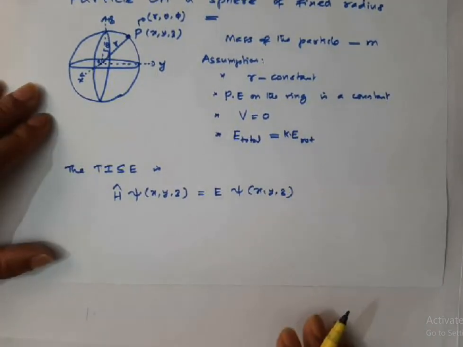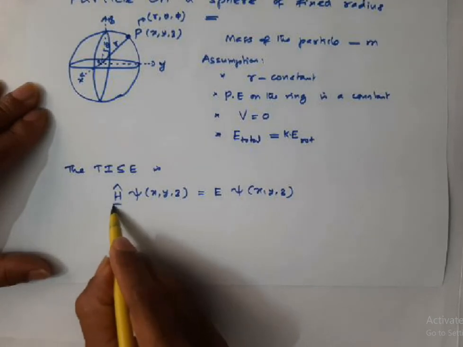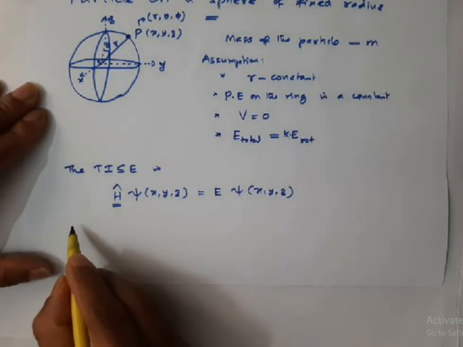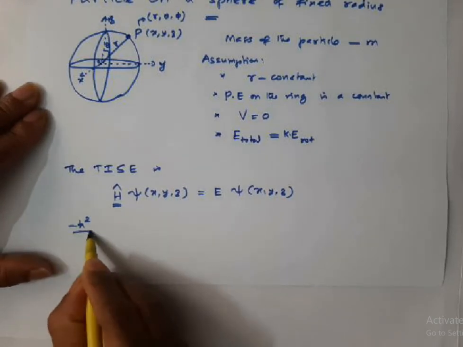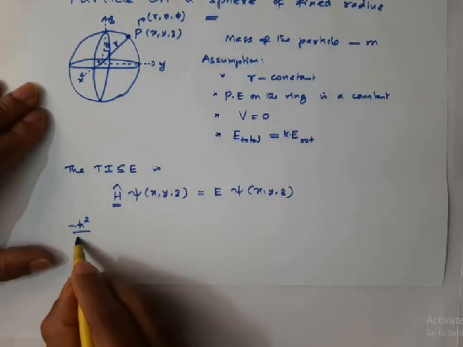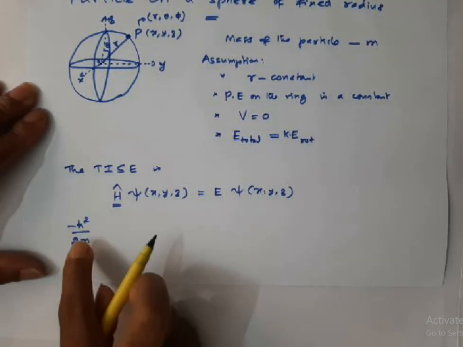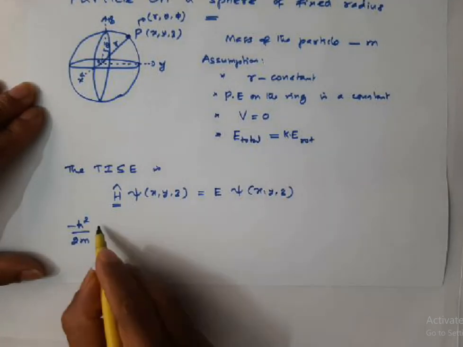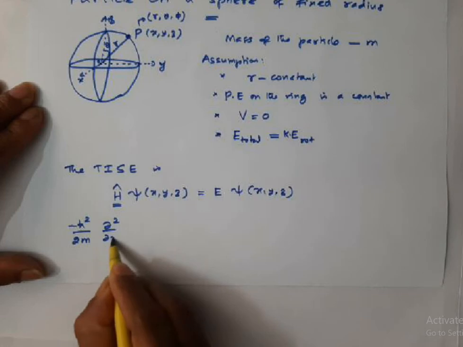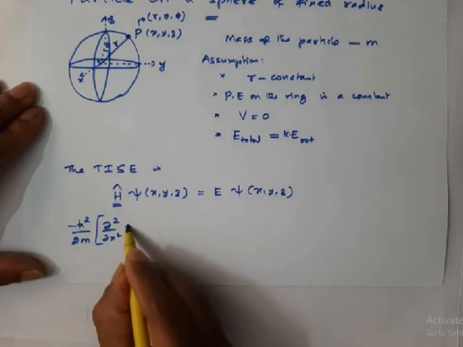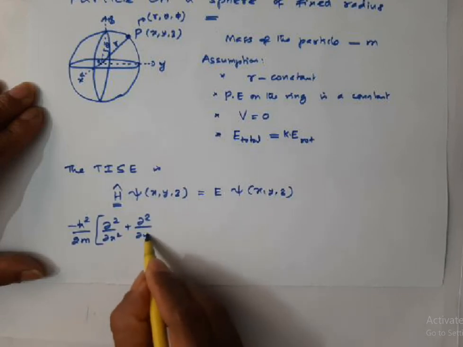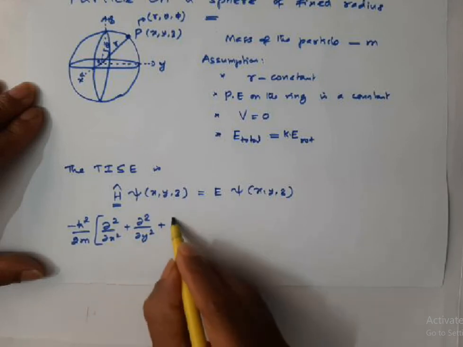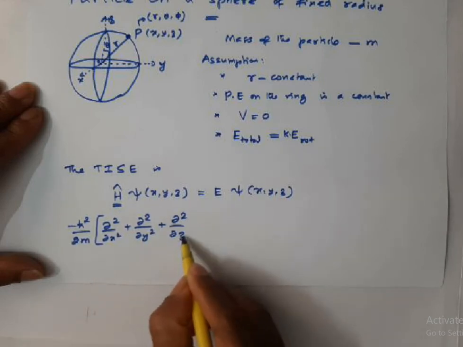You know very well that the Hamiltonian operator is nothing but minus h bar square by 2m, where m is the mass of the particle, into dou square by dou x square plus dou square by dou y square plus dou square by dou z square.